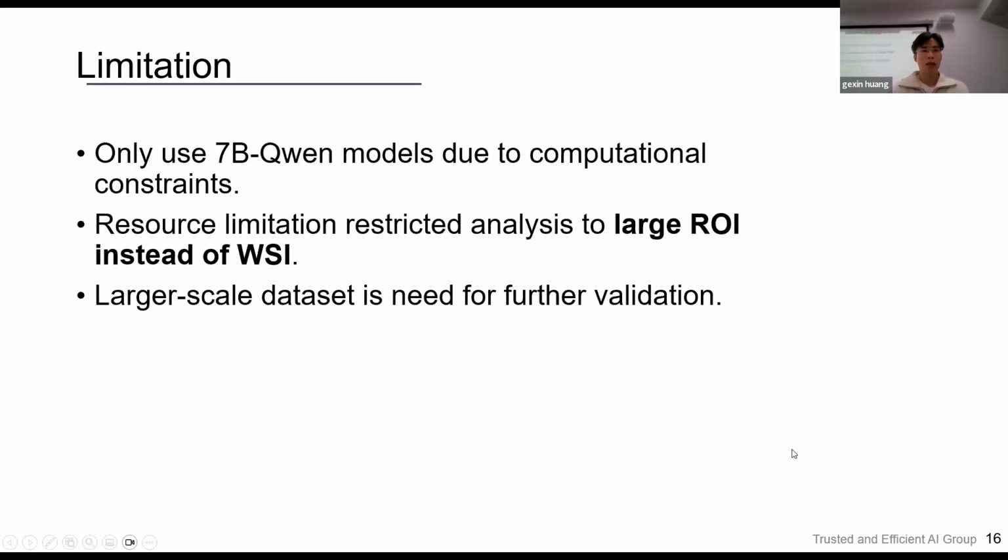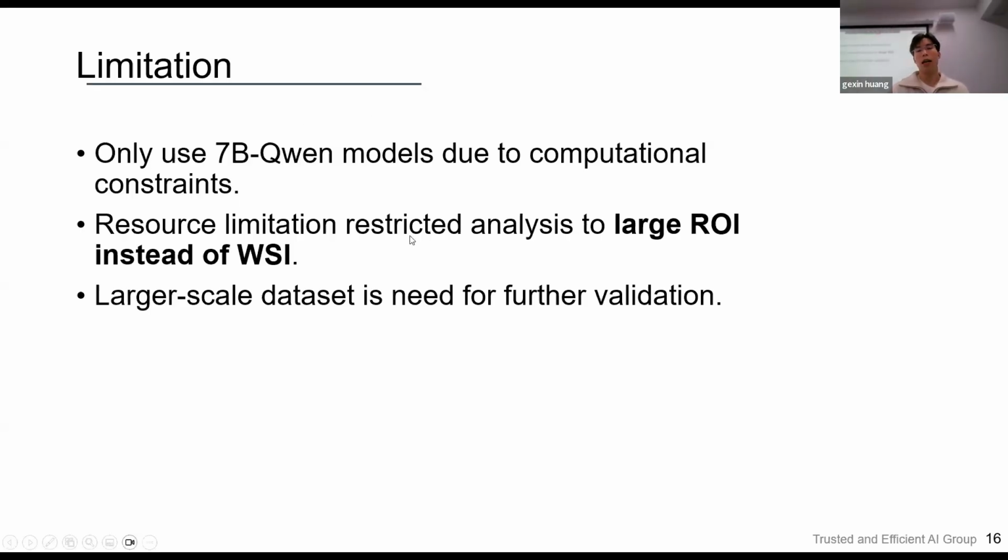Okay, and now here we come to their limitations. In this paper, they only use a 7 billion Qwen model due to computational constraints. And after that, due to resource limitations, they have to limit their analysis to a large ROI instead of the whole slide image, which means they didn't utilize the gigapixel feature space.